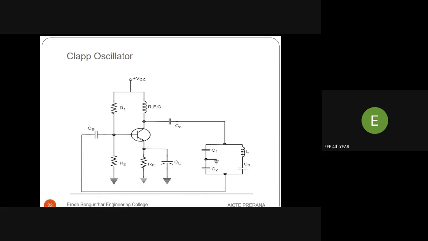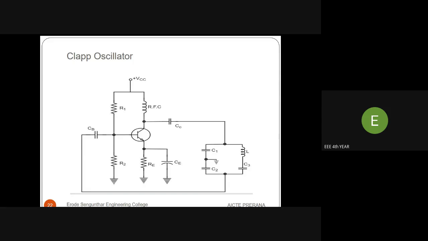Now we are adjusting A into beta equal to 1. This circuit acts as an oscillator. In the Clapp oscillator, the feedback circuit consists of 3 capacitors and 1 inductor. The capacitors C1 and C2 are connected in parallel to the series combination of the inductor and capacitor C3.